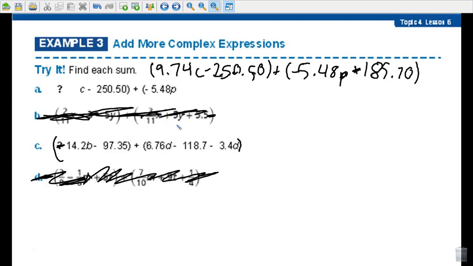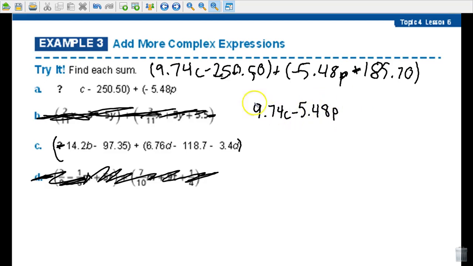No, I do not. So first things first, I write that down in my answer, 9.74C. And then I look for another variable. What's my other variable? Negative 5.48P. Do I have another P to the first power? No. So I just write negative 5.48P in my answer.